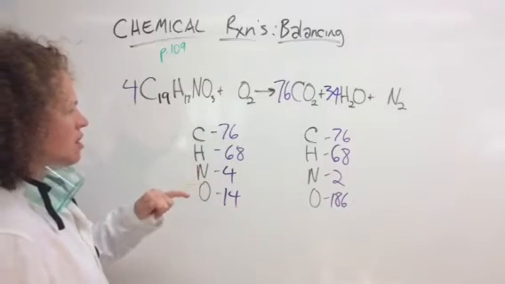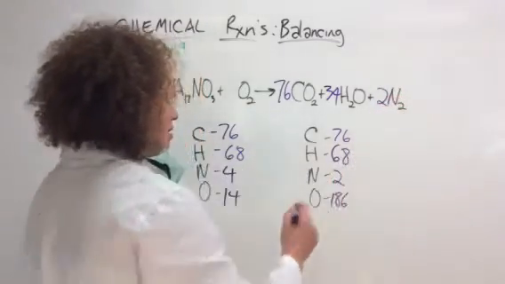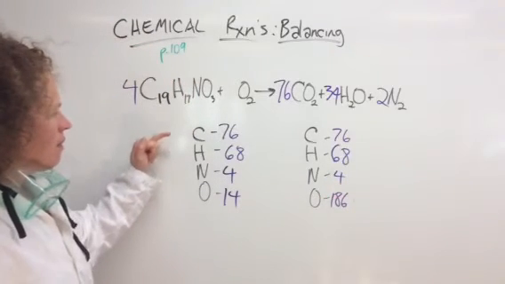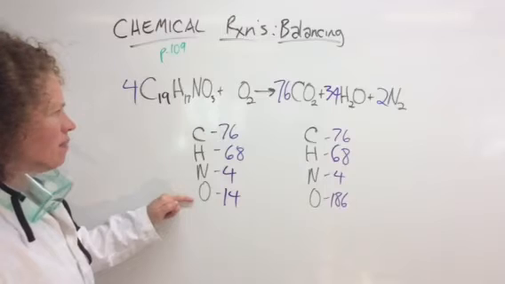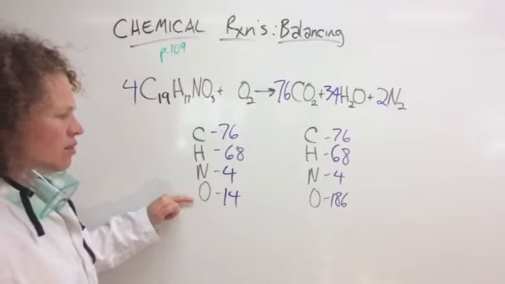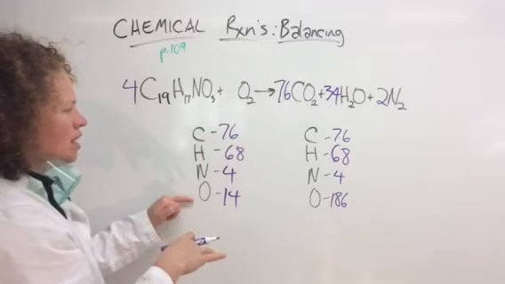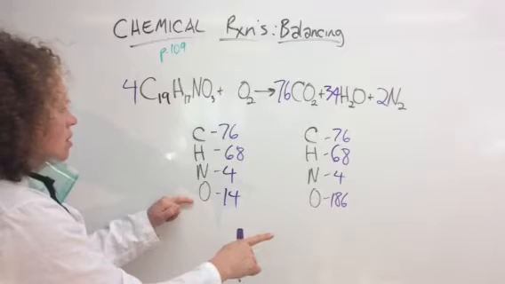The nitrogens still need to be balanced, and there's 4 nitrogens on this side, so we'll just do that there. That's handy. So that's done. Now, this is balanced, this is balanced, this is balanced, this is not. What I need to do is put a number in front of the oxygen that's going to get me up to 186 in total.